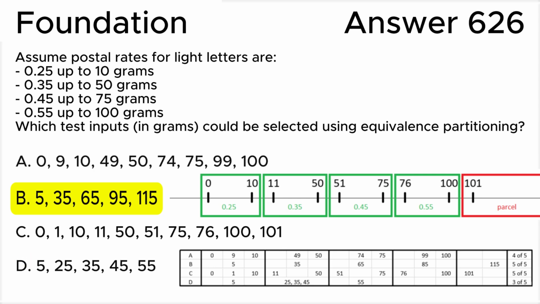Answer D is not correct because these tests cover output values, not input values. My recommendation: please don't mix up black box test design techniques. The most important thing is to determine the equivalence partitions and boundaries correctly. And don't mix up inputs and outputs.